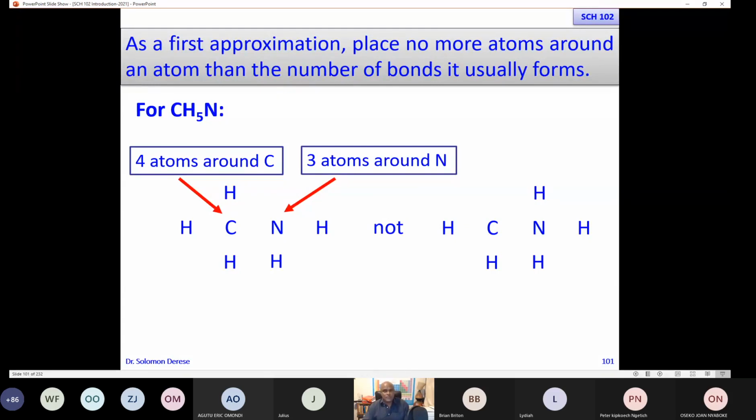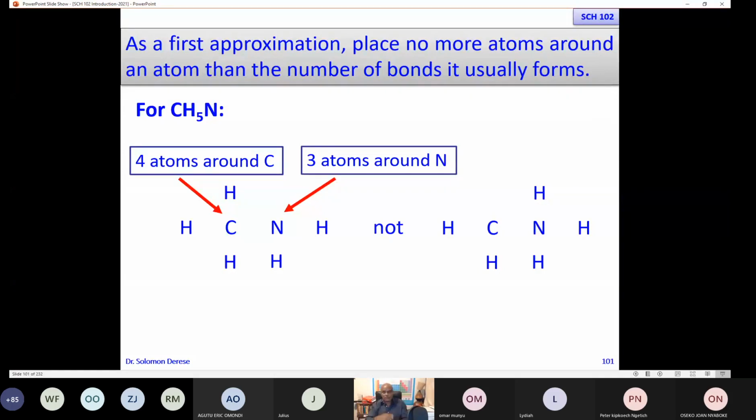It is also possible you can have an atom surrounded by fewer atoms than the number of bonds it usually forms. So this is just a first approximation. You try this and see if it works.